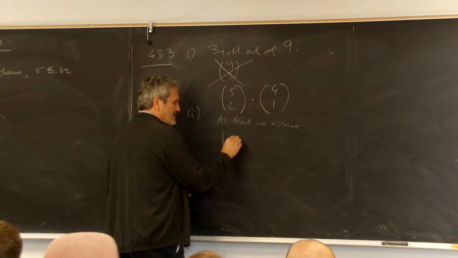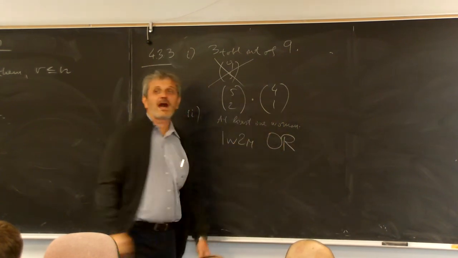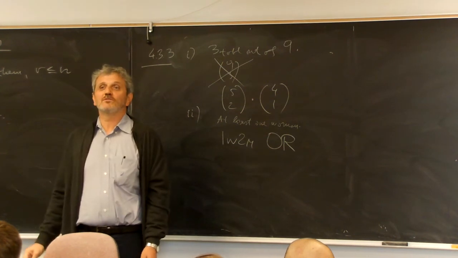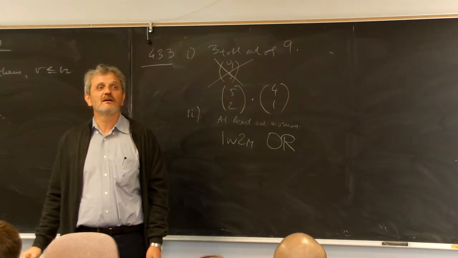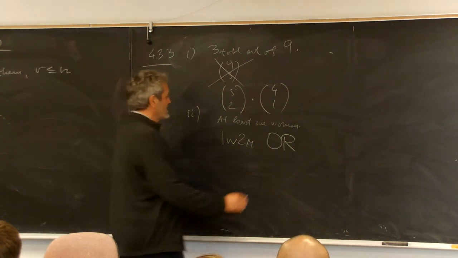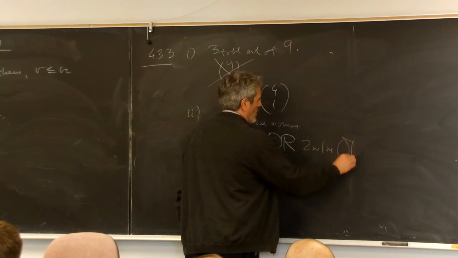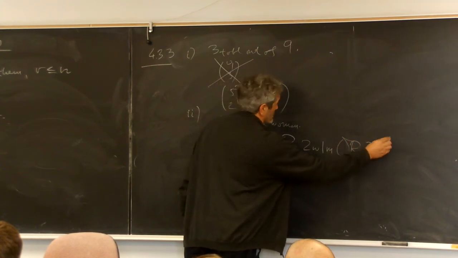Exactly 1 woman and 2 men. Or now we have alternatives. And then you see we use a plus sign there. Yes. Or what? 2 women, 1 man. Or all 3 women and 0 men.